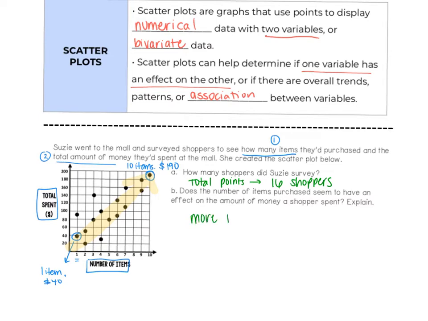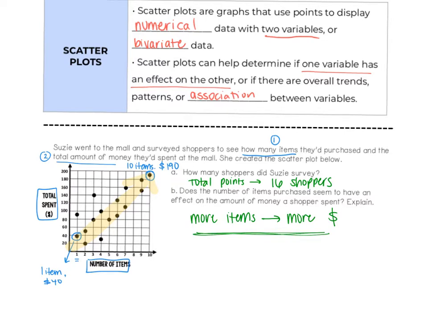So more items leads to more money. And that makes sense. If you and a friend were buying the same thing and you bought 20 of them and your friend only bought one, you're going to be spending more money. So that relationship here would be this: more items equal more money.